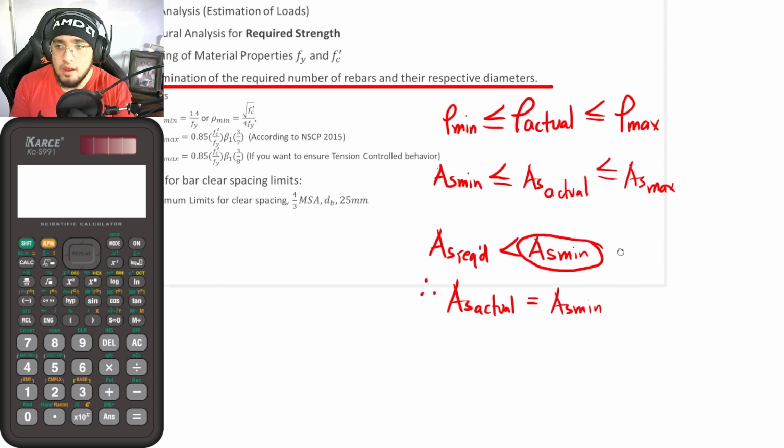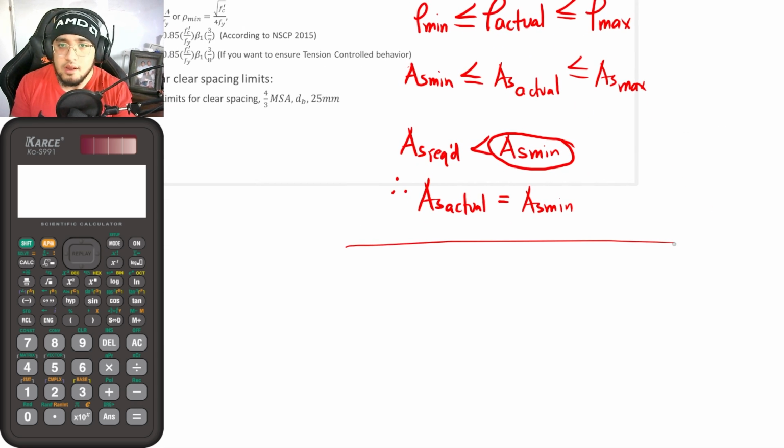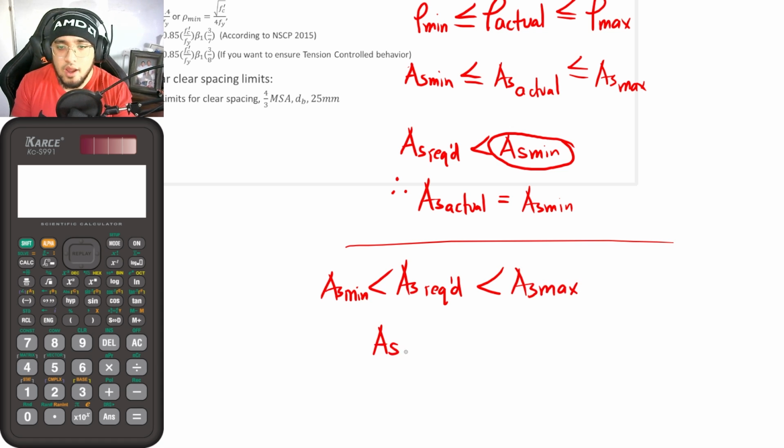And in a situation wherein your AS required is greater than AS min and less than AS max, your AS actual, or your steel ratio to be used, is equal to the AS required.